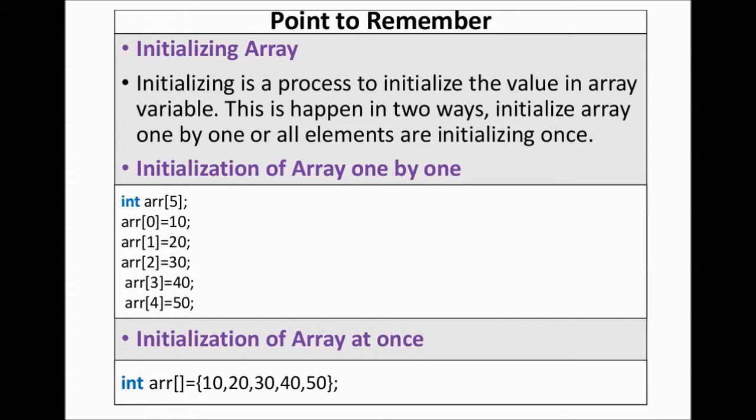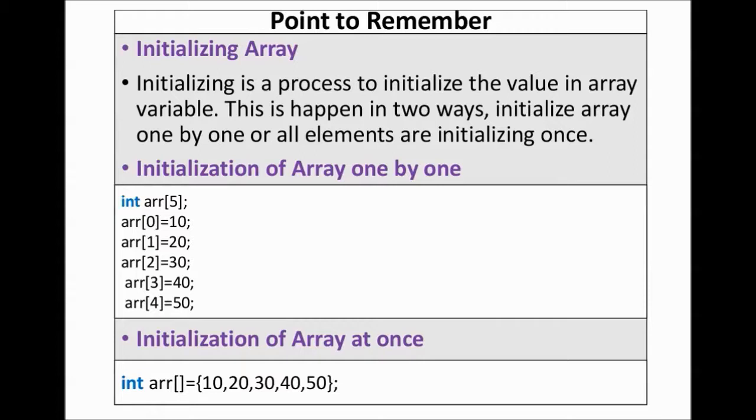For example, if we have an array and we initialize it as int array[5], and if we want to store the values 10, 20, 30, 40, 50 into this array, we may write it as array[0] = 10, array[1] = 20, array[2] = 30, array[3] = 40, array[4] = 50.